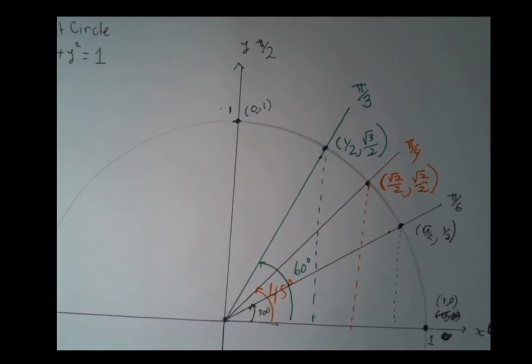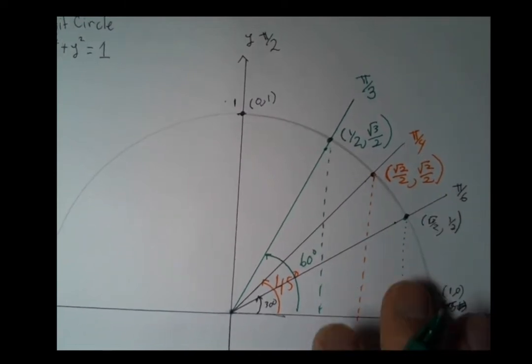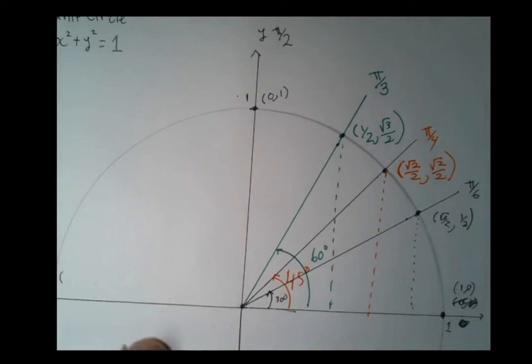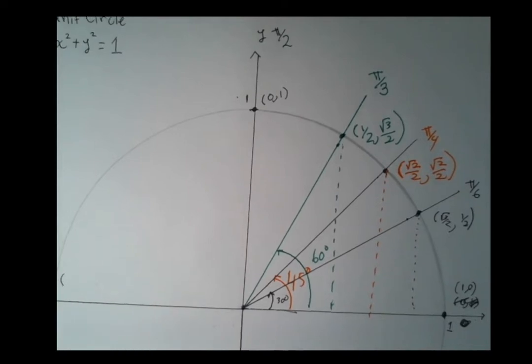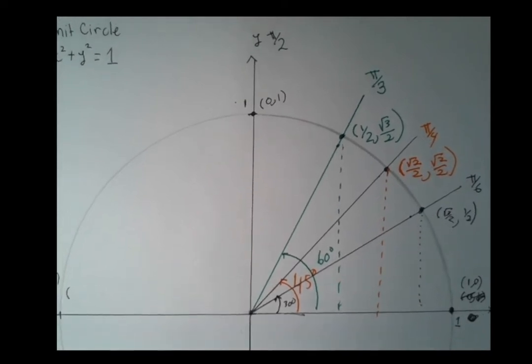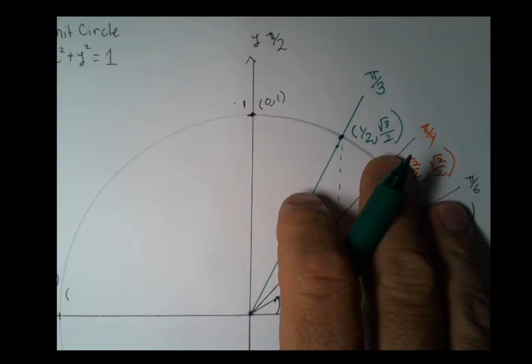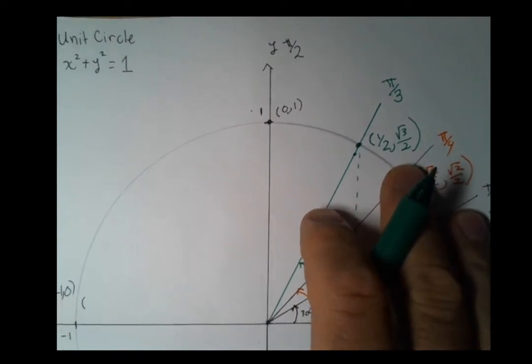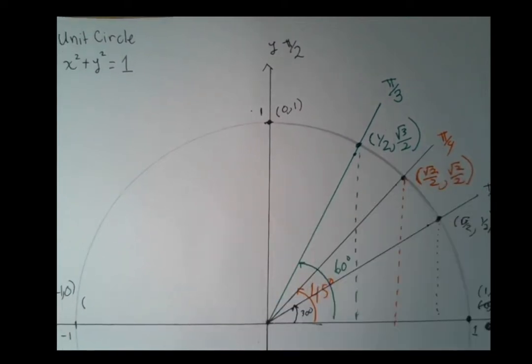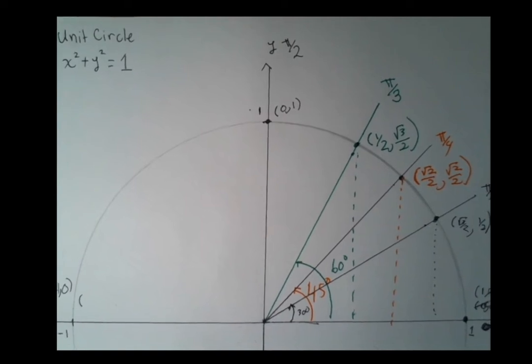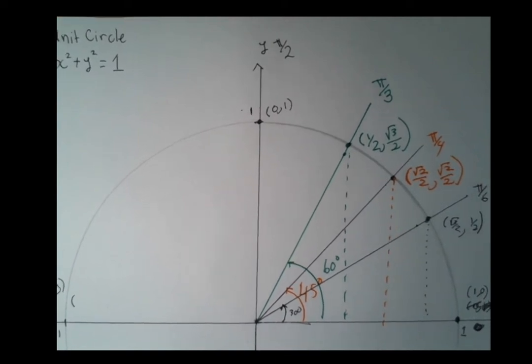Now we're going to find the other points on the rest of the unit circle. For now I won't assign them angle values. We'll do that a little later when we talk about reference angles. I'm strictly going to use the symmetry of the unit circle.